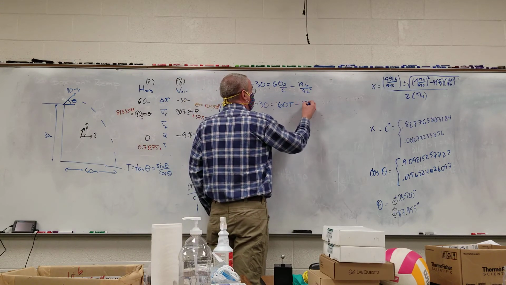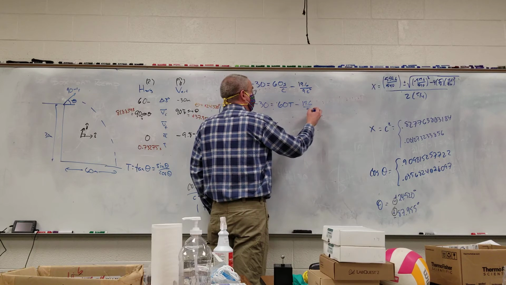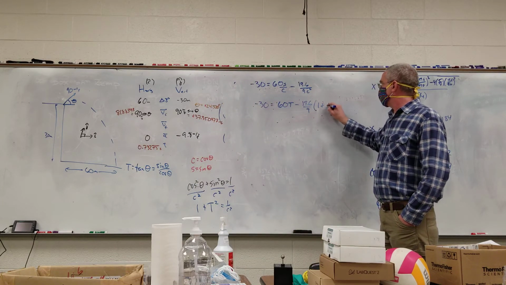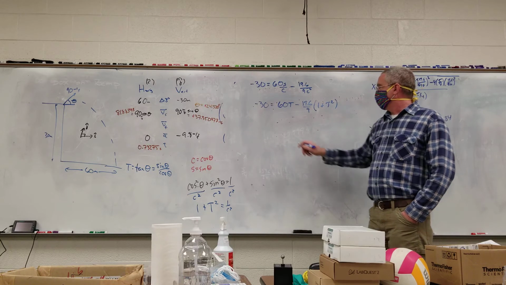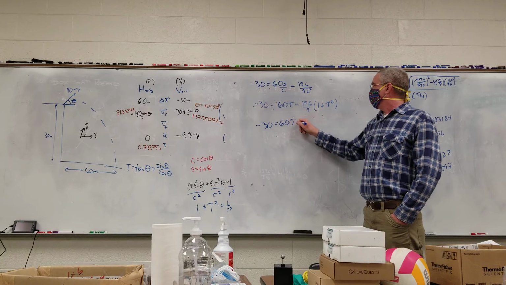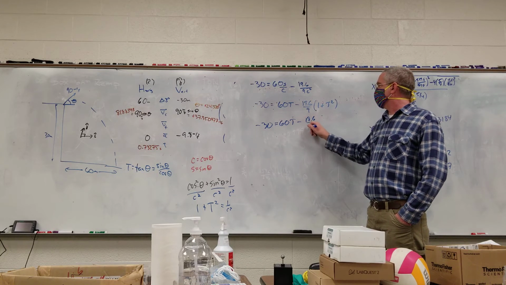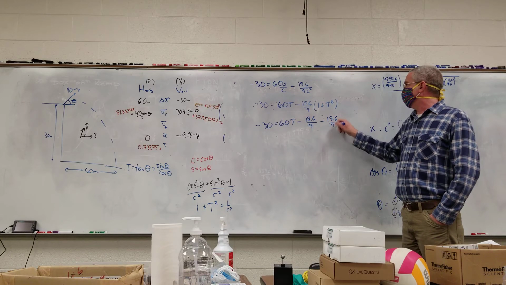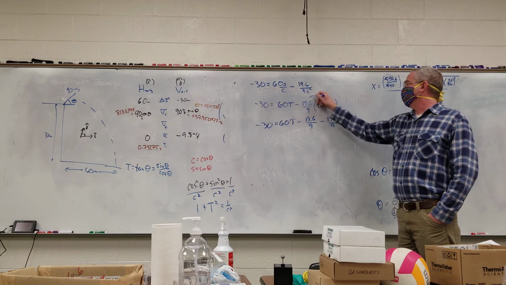Minus 19.6 over 9 times 1 over cosine squared, which is 1 plus tangent squared. So I now have negative 30 is equal to 60T minus 19.6 over 9 minus 19.6 over 9 T squared, distributing.